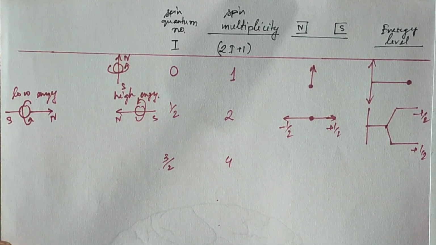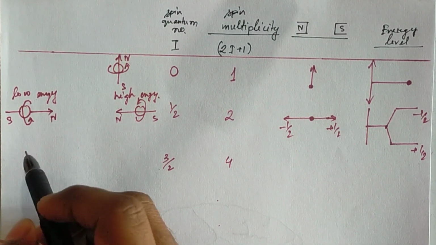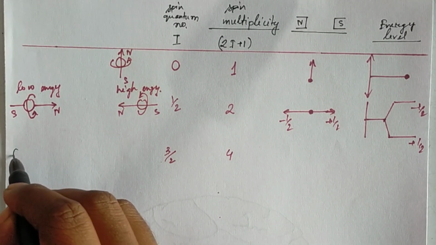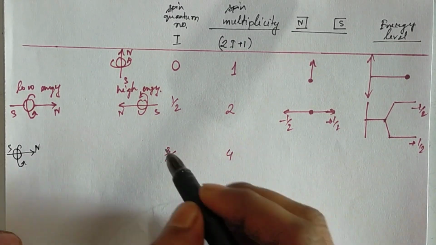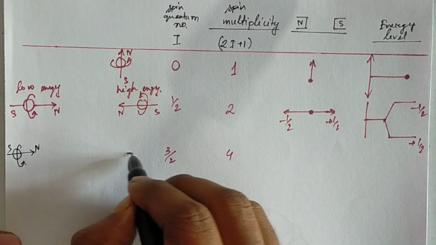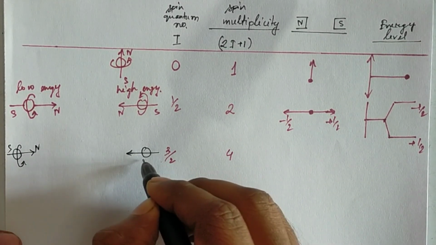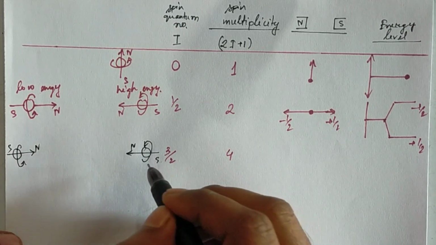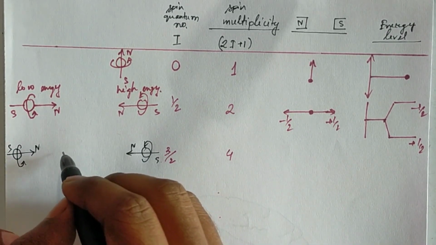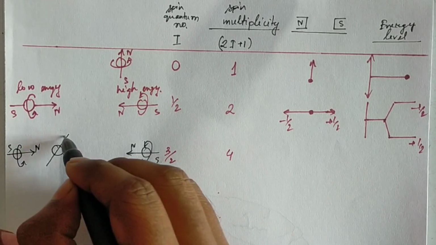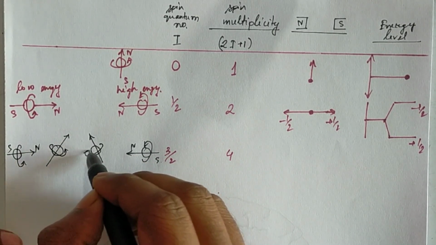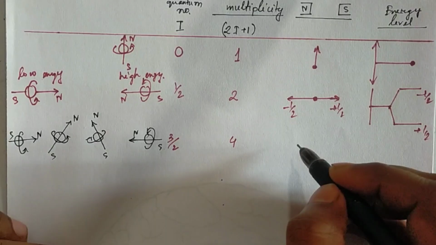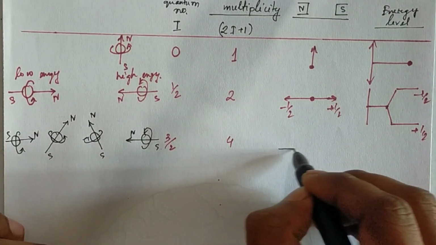So there will be 4 possible orientations, and we can represent it like this.